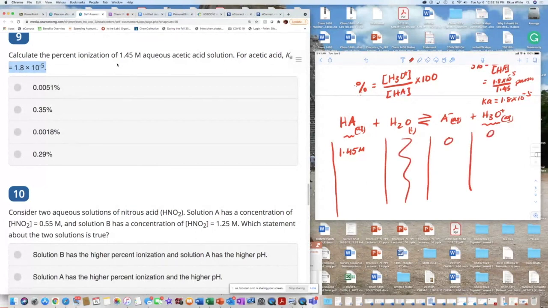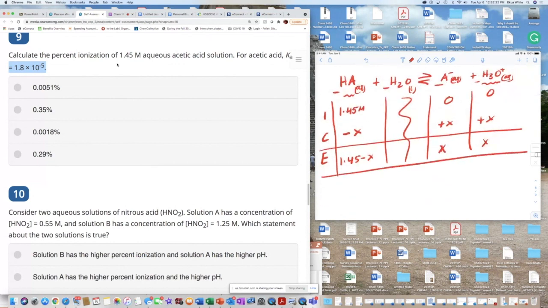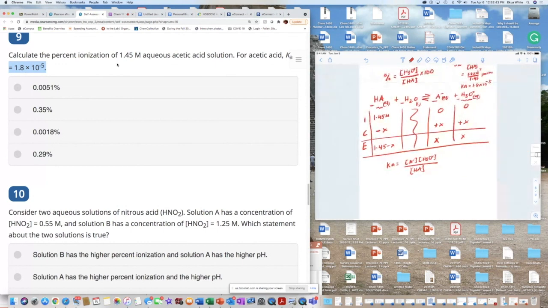0, 0. This is initial, change, equilibrium. Negative x, right, because it's 1.45, plus x, add these two, 1.45 minus x, x, x, okay. Ka is A minus times H3O plus over HA. At equilibrium, put all the equilibrium numbers.